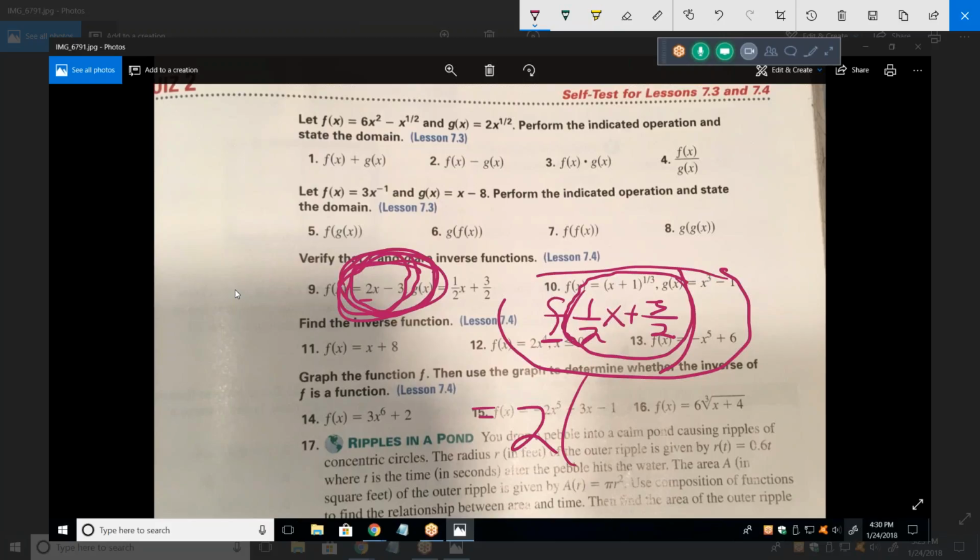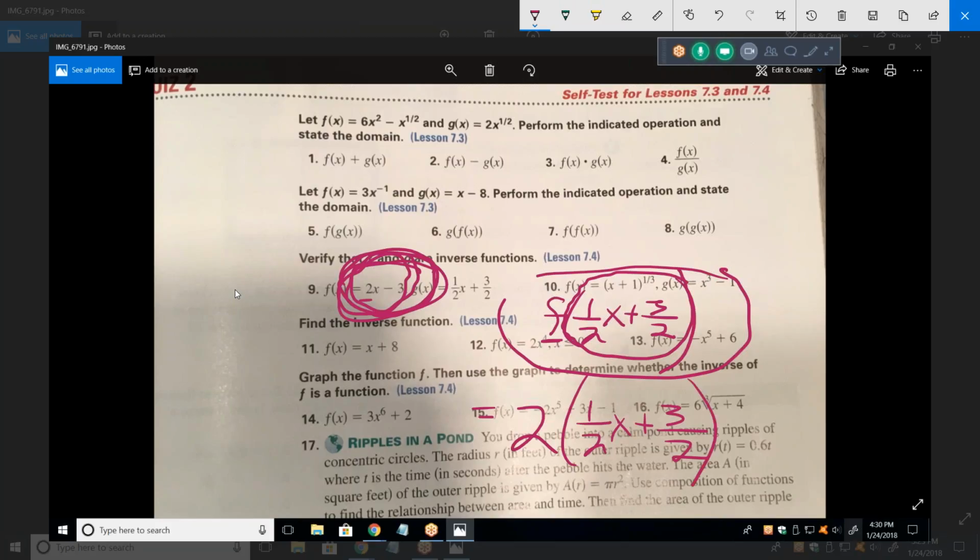Whatever's inside the parentheses. What's inside the parentheses? Like the half x plus 3 halves? Yeah, that's what's inside the parentheses. I realized that my circle made the parentheses invisible, but I apologize for that.